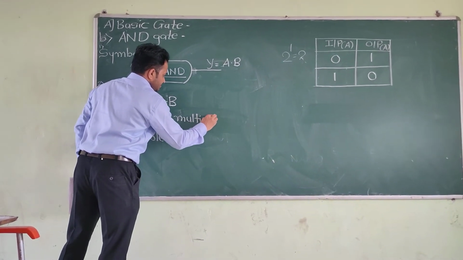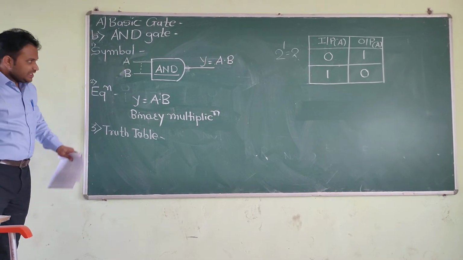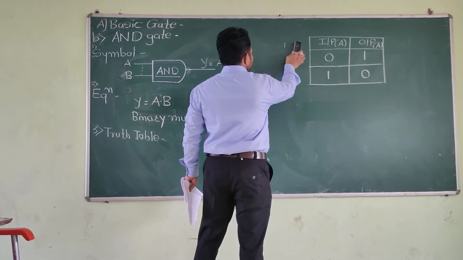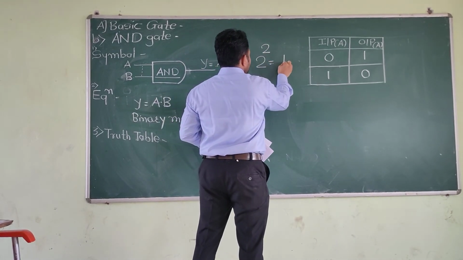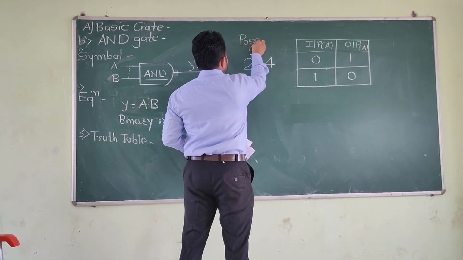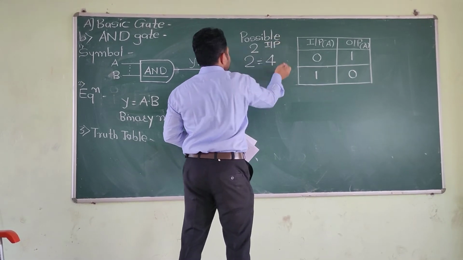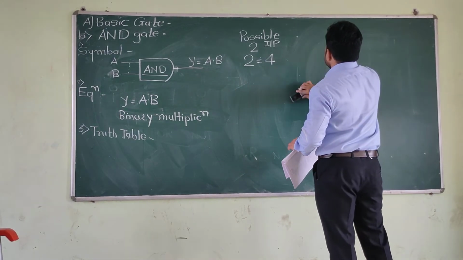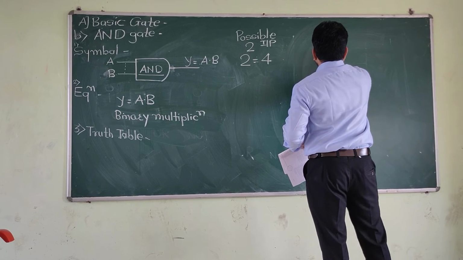Now see its truth table. Here we have two inputs, so the possible combinations are 2 raised to 2, that is equal to 4. So these are the possible input combinations, and here our truth table will be modified.